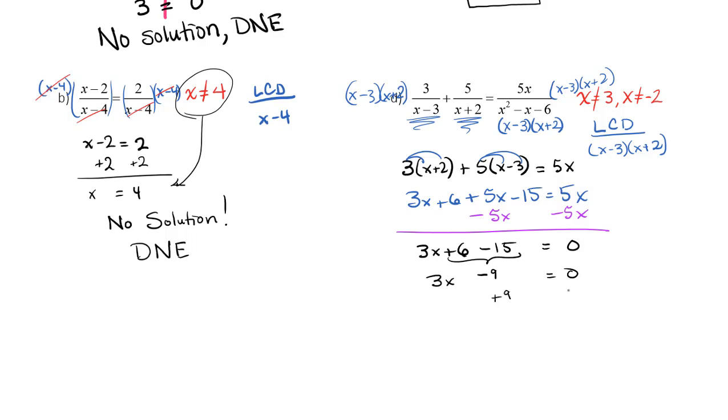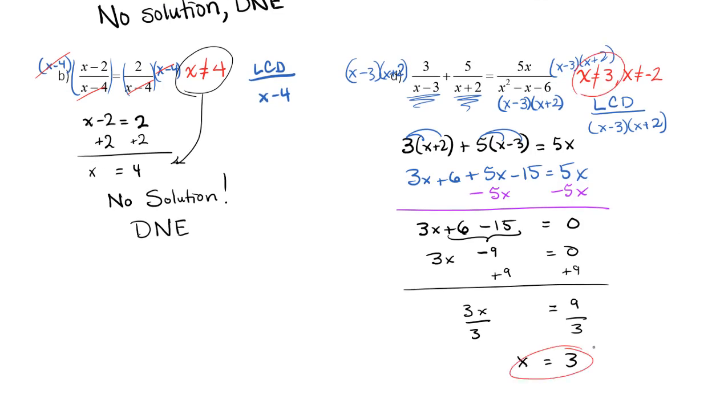Add the 9 to both sides. 3x = 9. Divide by 3 on both sides. x = 3. Since 3 was one of the restrictions on our domain, this is not a solution. Just like on the previous one we did, x = 4 is not a solution. So now we have no solution.